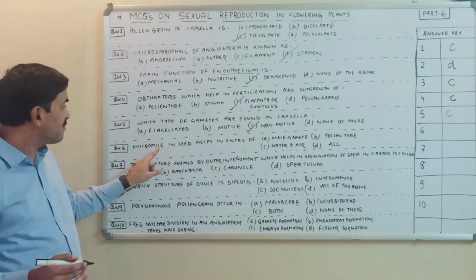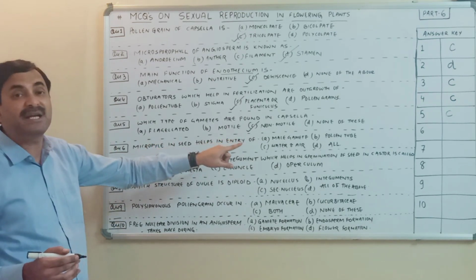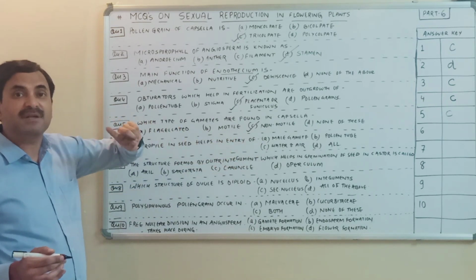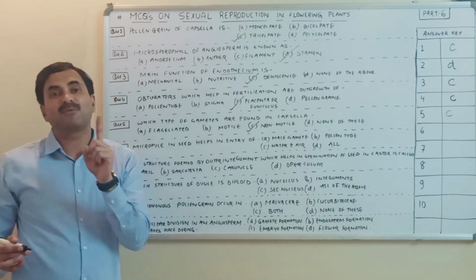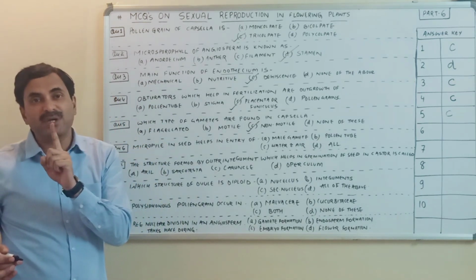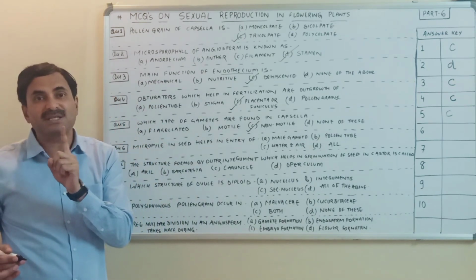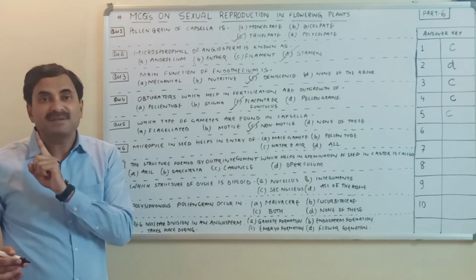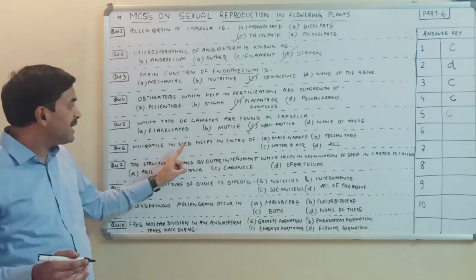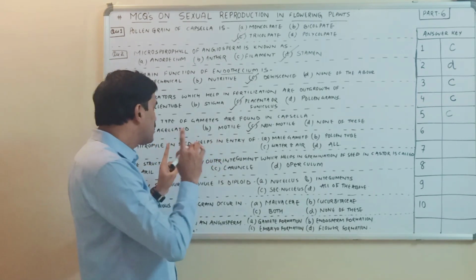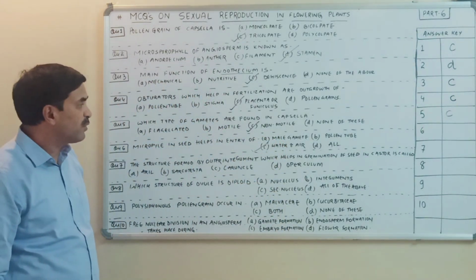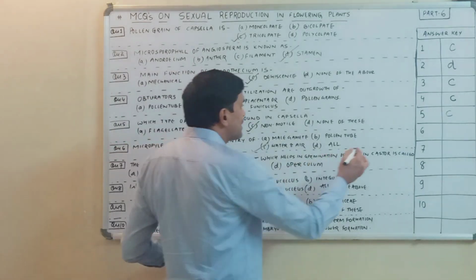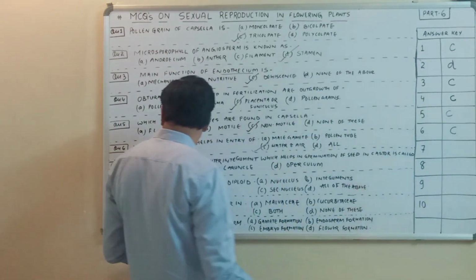I have asked that micropyle in seed helps in the entry of. After fertilization, we know very well that the ovary is converted into fruit and the ovule is converted into the seed. So micropyle in the seed helps in the entry of water and air. So question number 6 has the answer C.